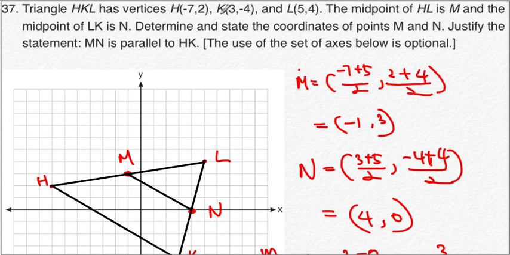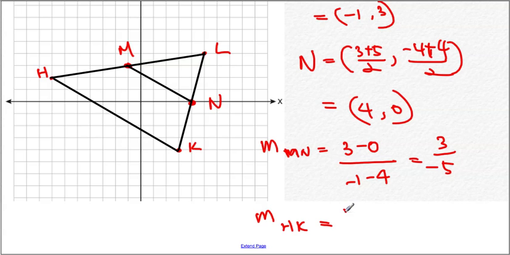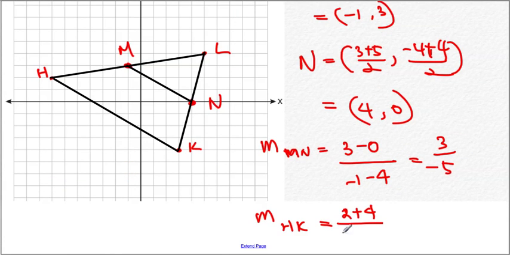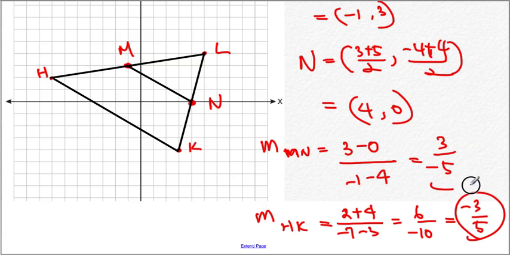So 2 minus negative 4. Negative 4 means making it positive, and then negative 7 minus 3. Then we get 6 over negative 10, which is equal to negative 3 over 5. As you can see, slopes are equal.